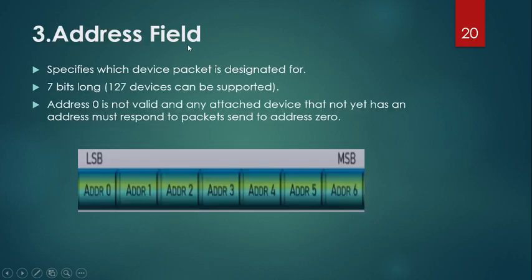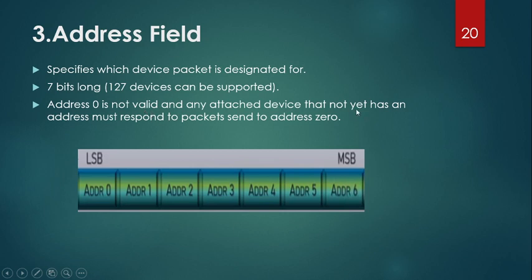Now the address field. The address field specifies which device the packet is designated for, and it is 7 bits long. In the earlier lecture we saw that a maximum of 127 devices can be supported, but address 0 is used only for enumeration. It is not a valid device address.